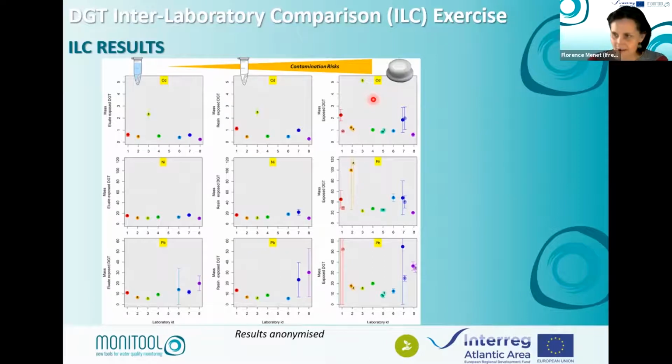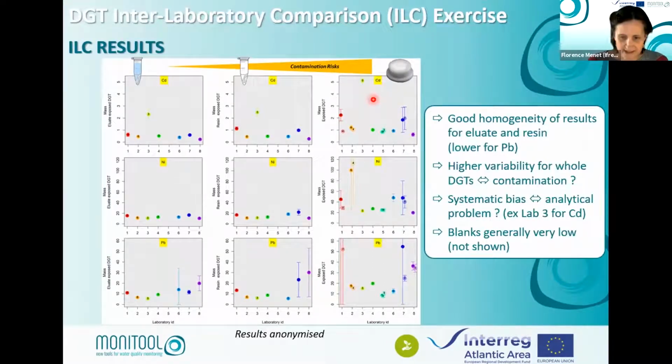What these results show us is that we had quite good homogeneity of the results for the eluate analysis, the left column, except for lead, which was a little more variable. And then we had a much higher variability of the results for whole DGTs, which means that during the different steps that we had to perform in the lab, there was likely some contamination.